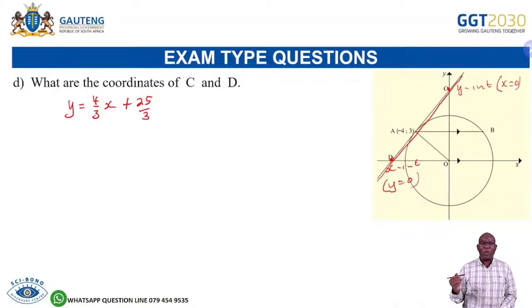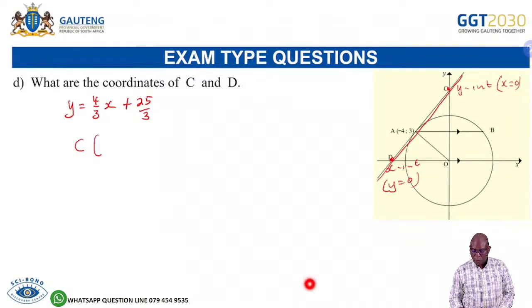Remember, we need the coordinates. So the coordinates of C will be the y-intercept, meaning that if x is 0 here, 4 over 3 times 0 is 0. 0 plus 25 over 3 is 25 over 3. So my coordinates will be 0, 25 over 3.